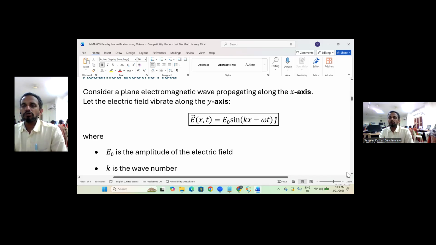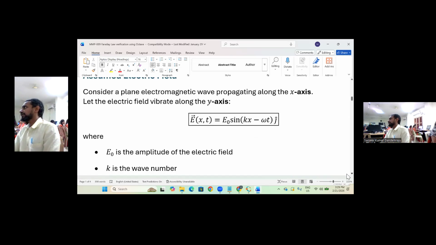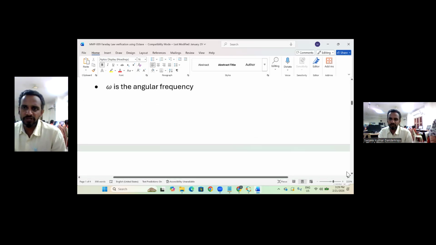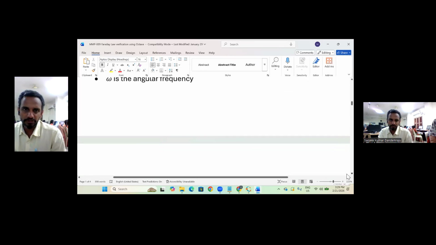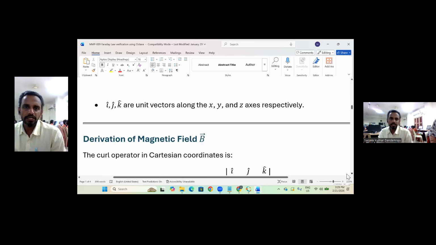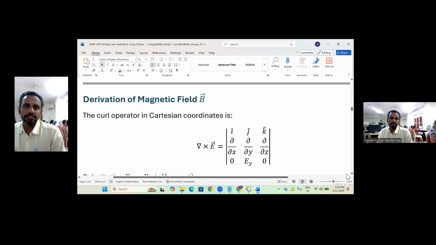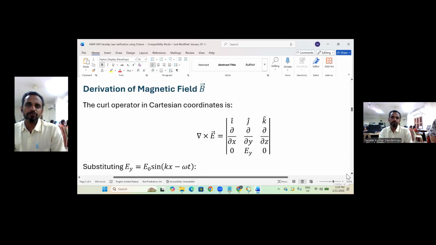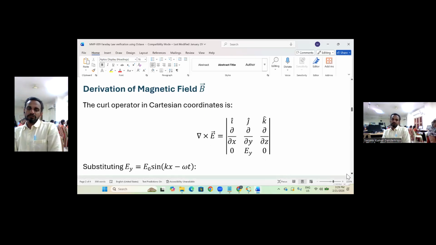Okay, so now these electric field oscillations will generate a magnetic field. Varying electric field produces magnetic field. So the magnetic field is given by this equation, Faraday's law. We have to calculate del cross E, curl of the electric field.